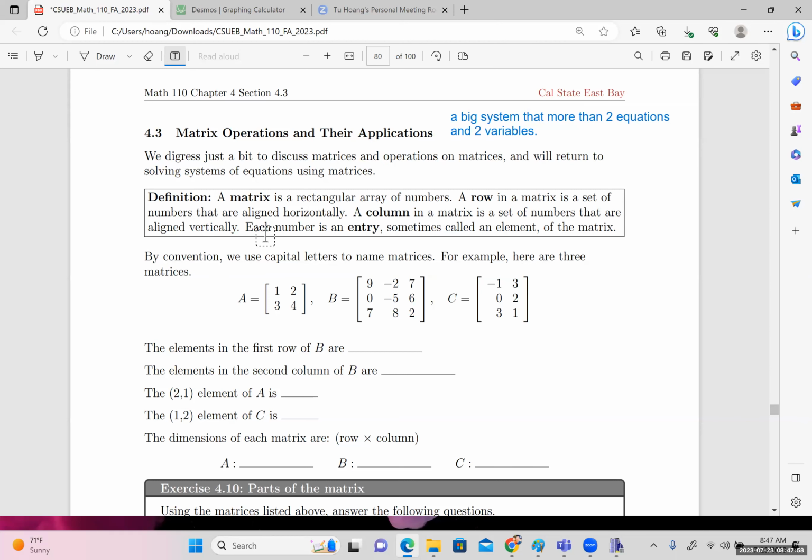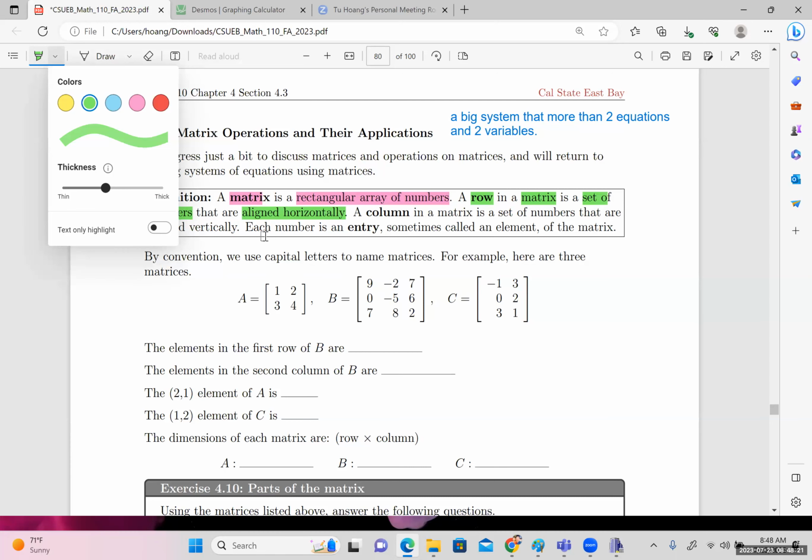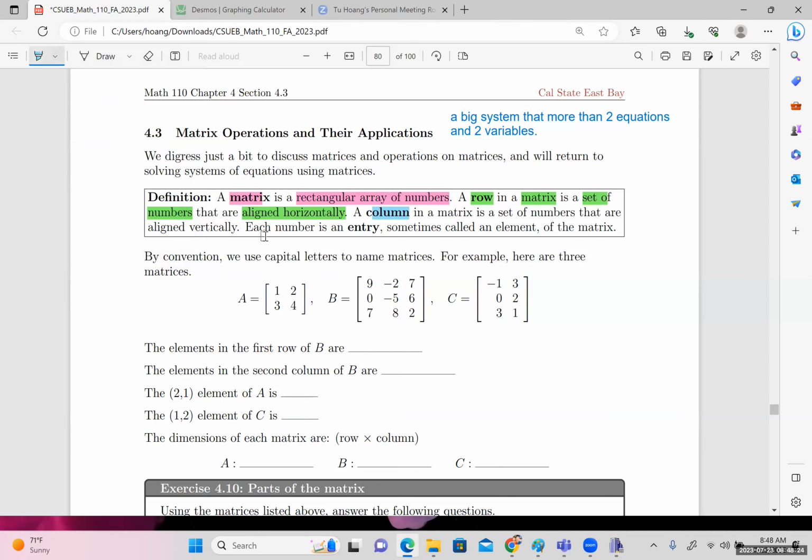Okay, so what is a matrix? A matrix is a rectangular array of numbers. A row in a matrix is a set of numbers that are aligned horizontally, and a column in a matrix is a set of numbers that are aligned vertically.